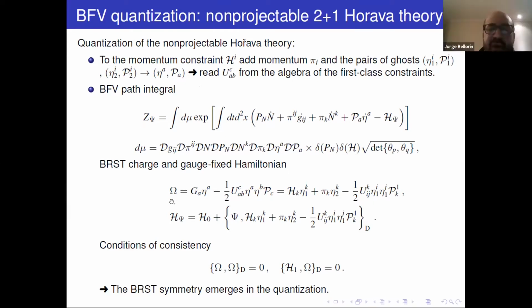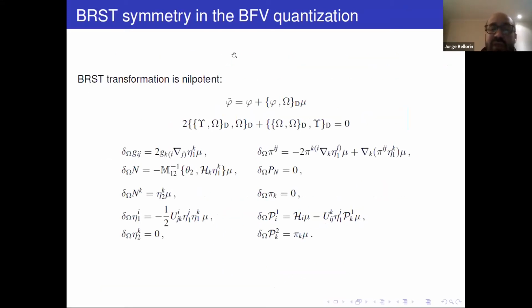At the end, we obtain the charge and the gauge fixed Hamiltonian with any fermionic function playing the role of gauge fixing condition. You have to prove that the formalism is consistent by these two non-trivial conditions. We get that the BRST symmetry emerges, and this is the transformation in the Hamiltonian formalism for the symmetry.